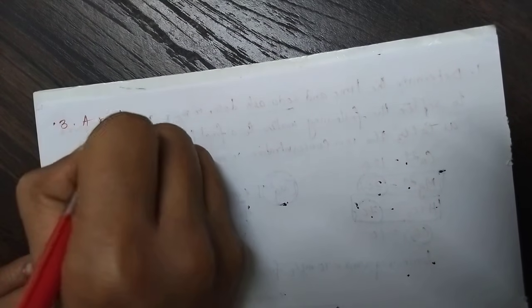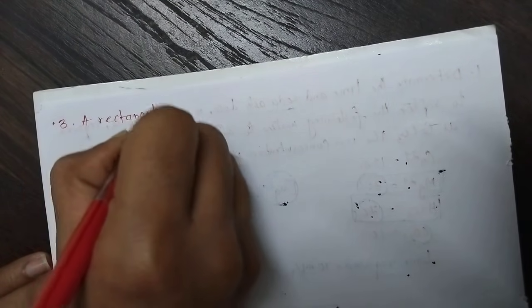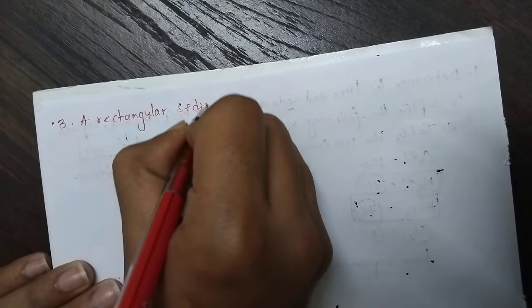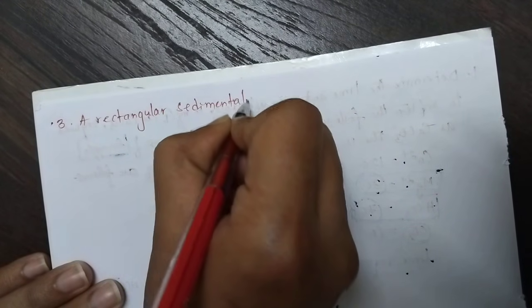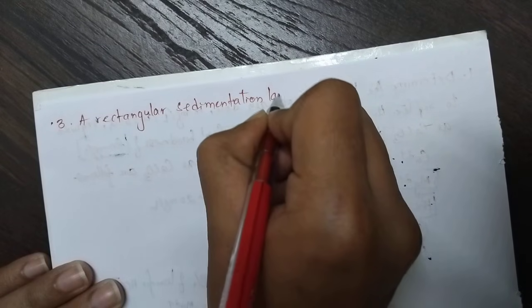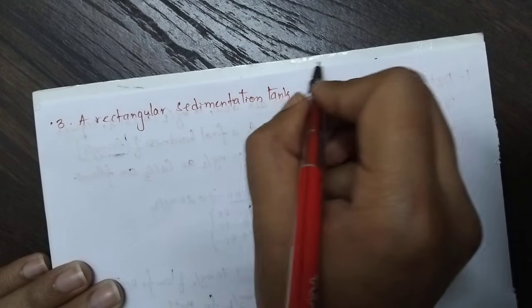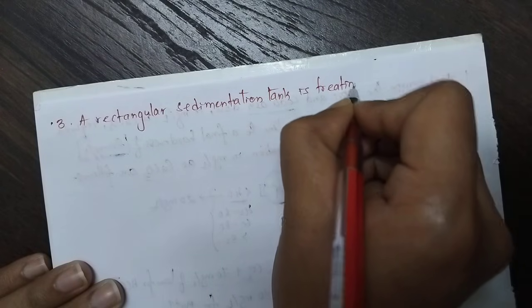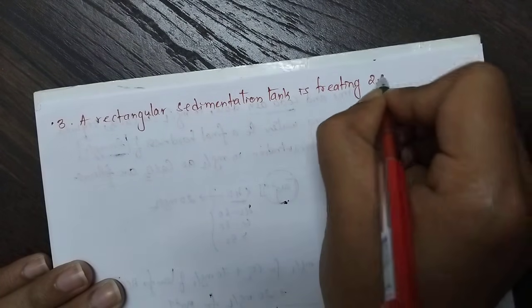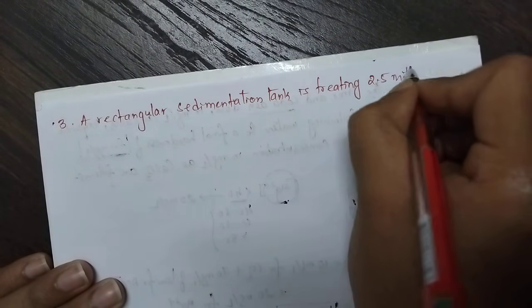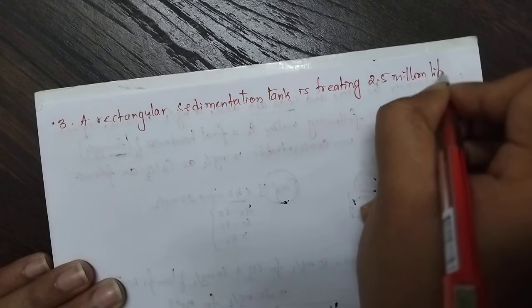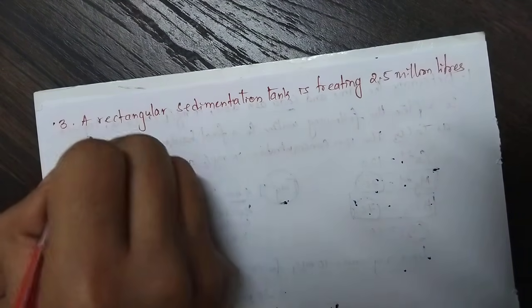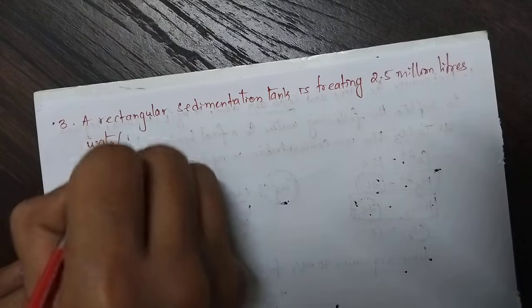A rectangular sedimentation tank is treating 2.5 million liters water per day.